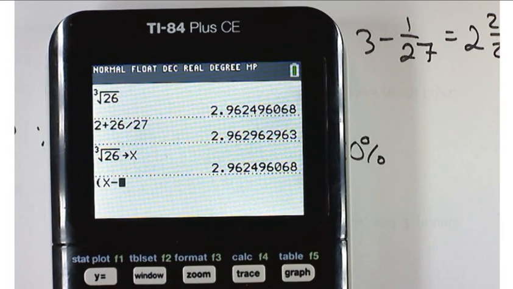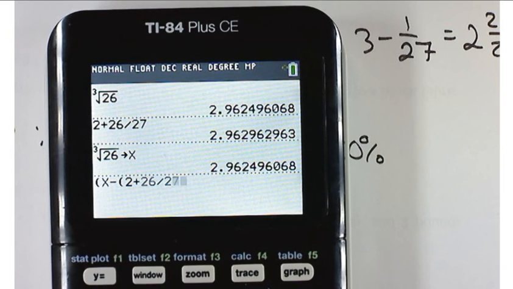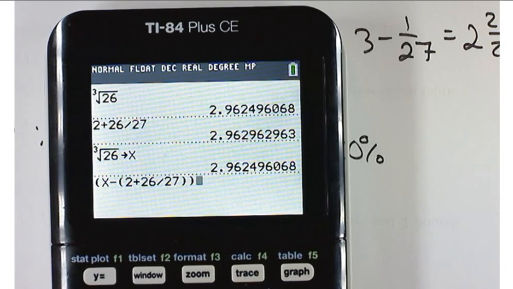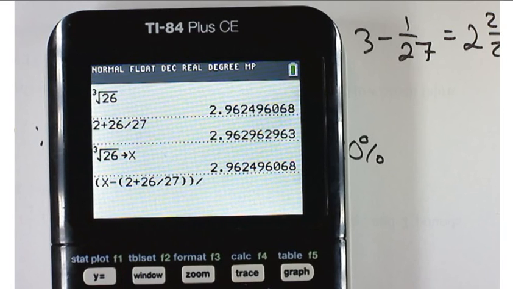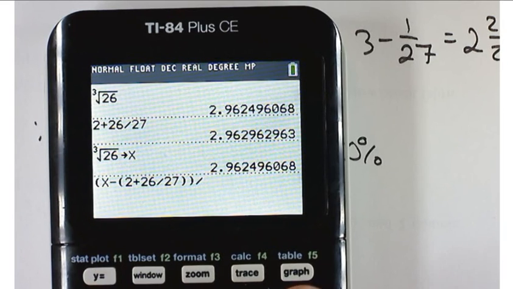How do I want to enter that? You can do it this way: 2 plus 26 divided by 27. So the true value minus the approximate value divided by the true value. So what should I be dividing by here? X. And then times 100. That converts that decimal value that you're going to get into a percentage.